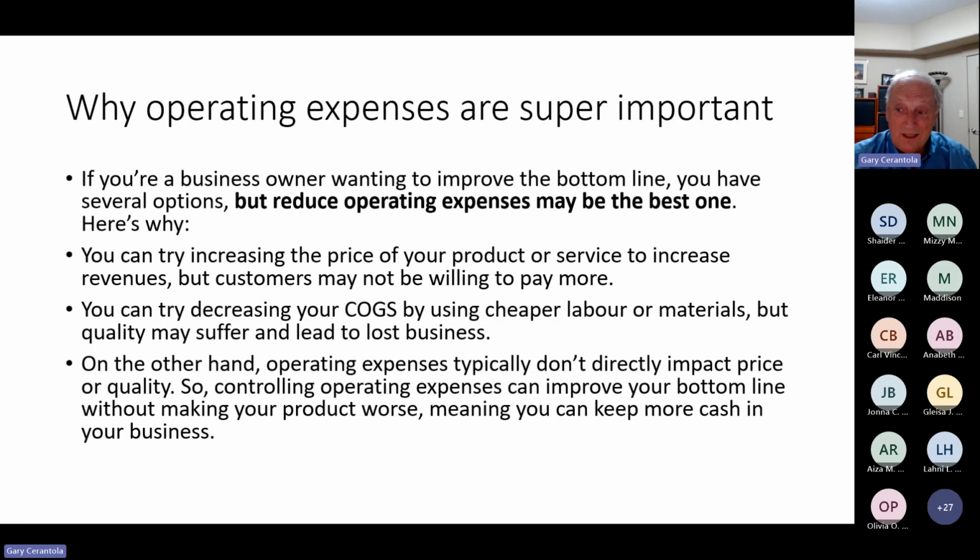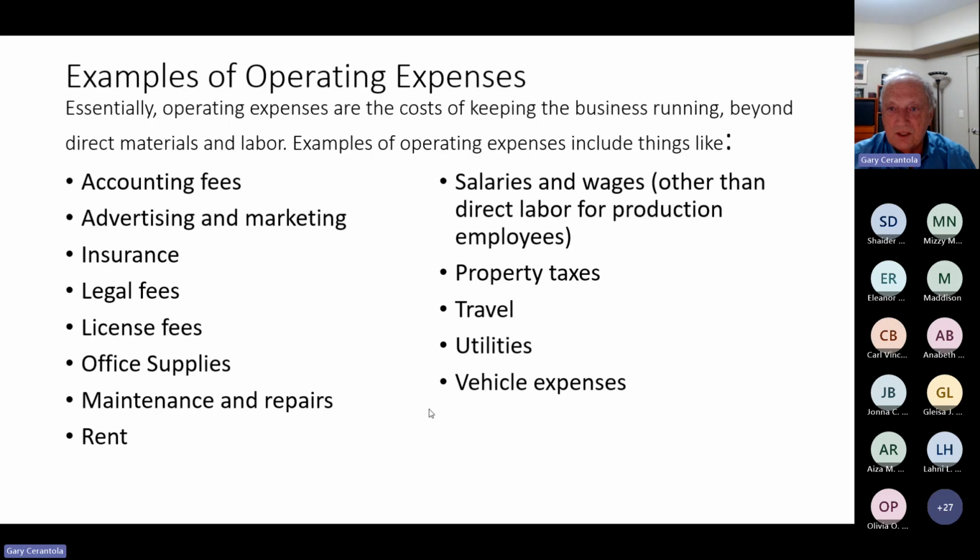You might have poorer quality. If you use cheaper goods, you may have poor quality of the output, like the taste of the gingerbread house. So that's why you start at the overhead, or OPEX, first, and then take a look at what you can do on how you can reduce the cost of goods sold. And here are some examples of overhead or operating expenses: accounting fees, license fees, utilities, travel.